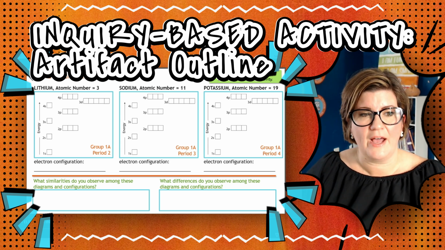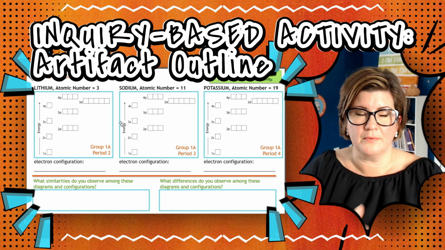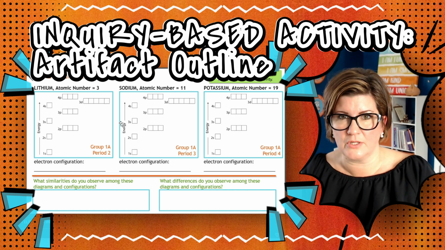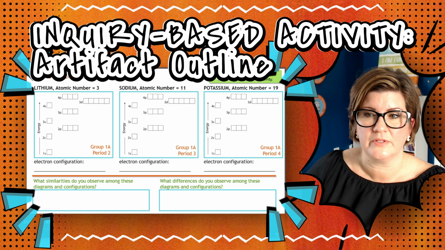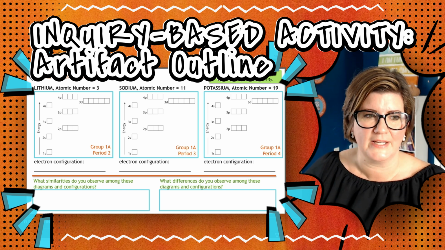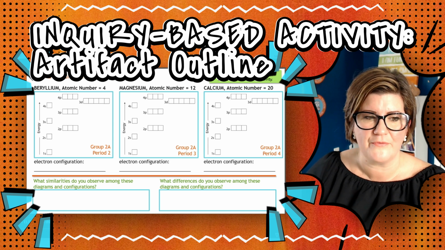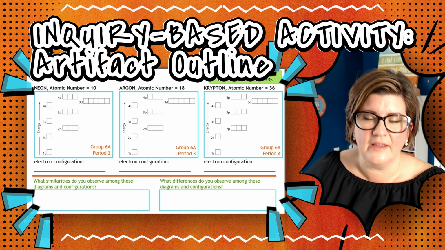When I tell them which one they are choosing to do, if you're splitting up a student per page, 3 students per page, there is going to be a difference. One student is going to have a lot more electrons to draw than another, because we're looking at lithium and beryllium with only 3 and 4 electrons, oxygen and neon with only 8 and 10.